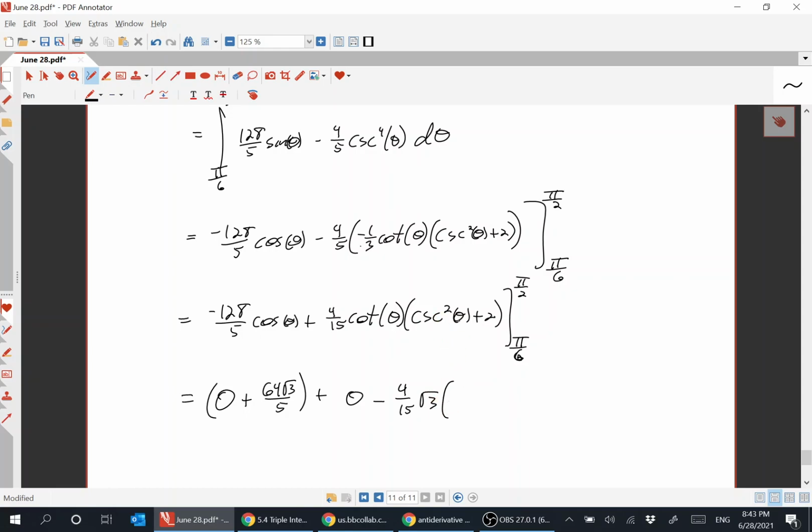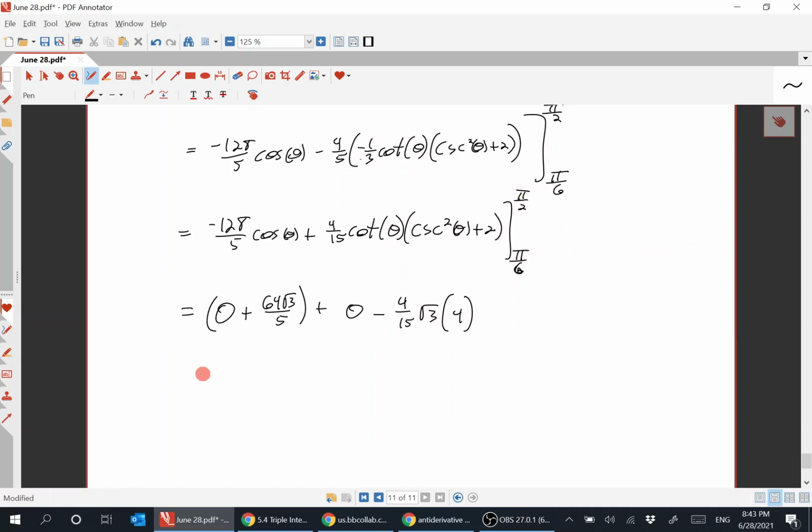Cosecant squared at pi over 6: sine is 1/2, so cosecant is 2. So it's 4 plus 2. So 64 root 3 over 5 minus 16 root 3 over 15.